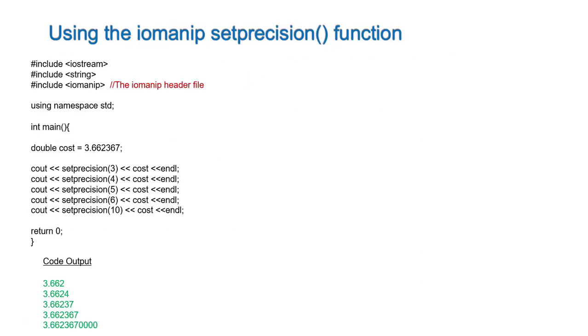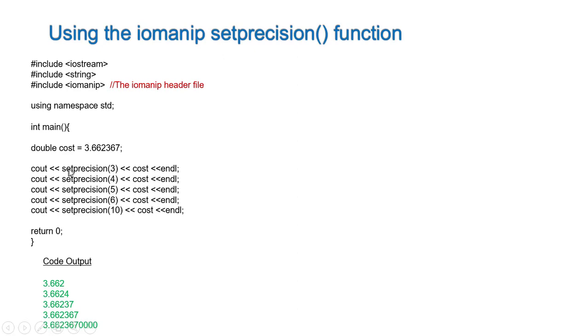Now, using the iomanip setprecision function, this is a program that is fully implemented in C++ using the iomanip header file. There is a variable of data type double, and we name the variable cost. The value assigned to it is 3.662367. Now we are going to use setprecision to print out this cost to the screen.